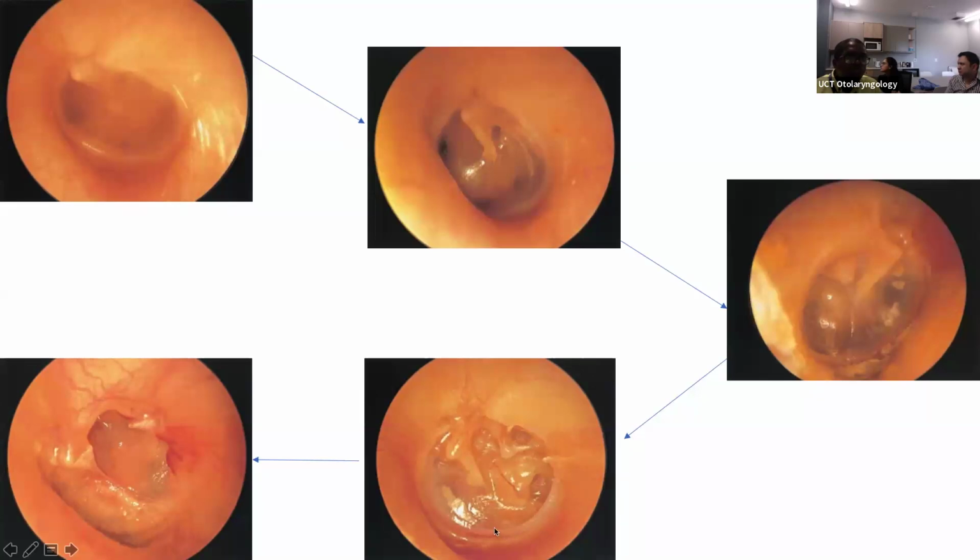Then grade 4 is where it is really adherent, and this is the Sade stage, where it is gripping all the ossicles as well as the promontory. And then the grade 5, where you can have what looks like a perforation in the tympanic membrane having been retracted completely.